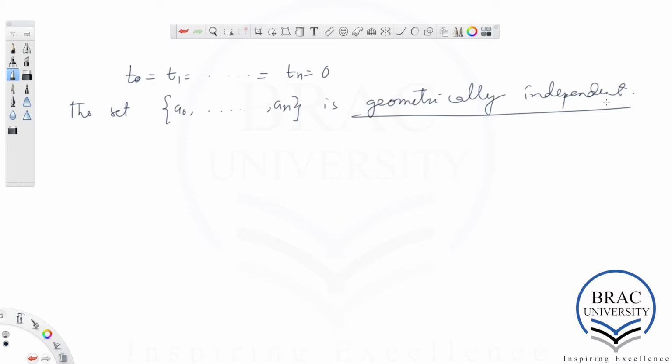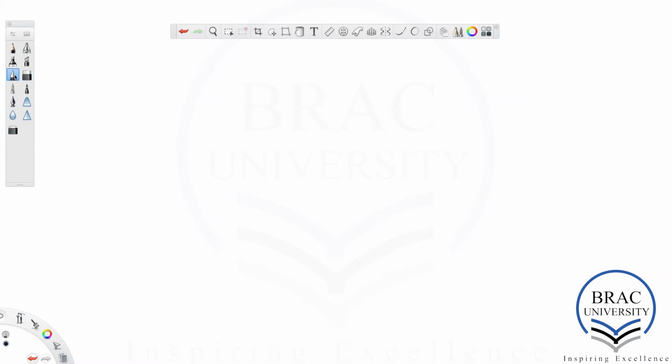Now let us get to the equation of a simplex. Let me erase these things first. We are getting to a new concept called n simplex, definition.